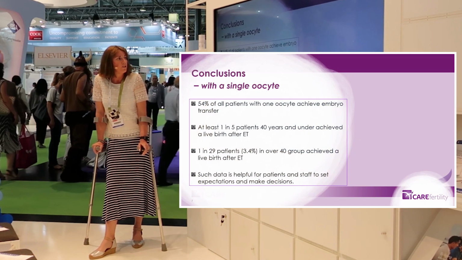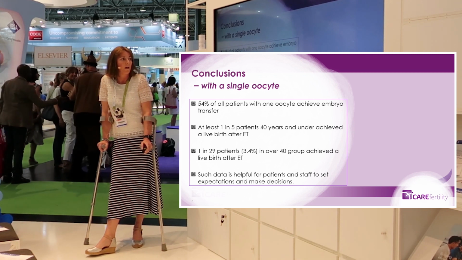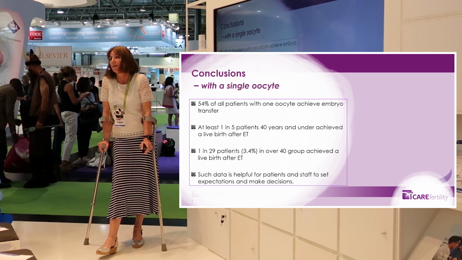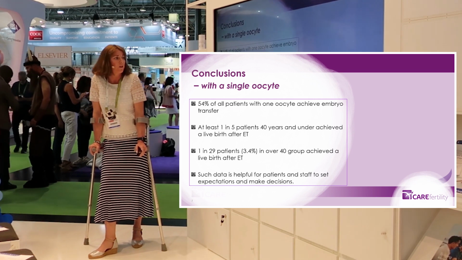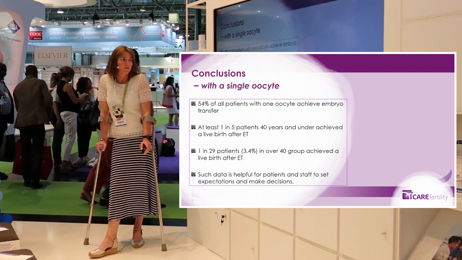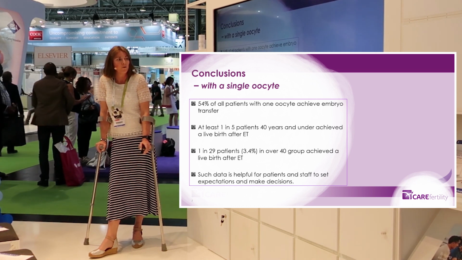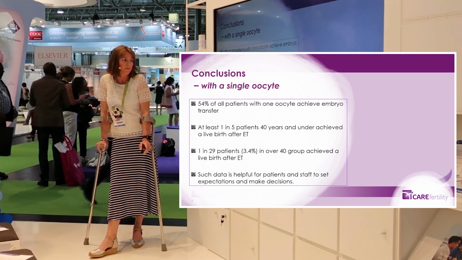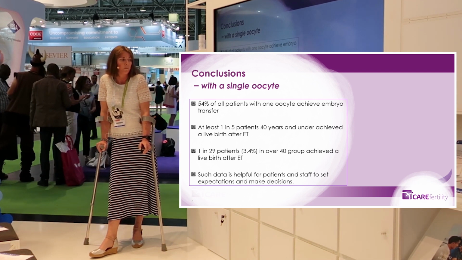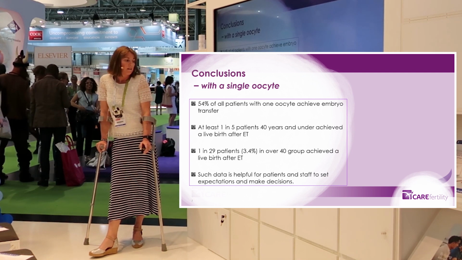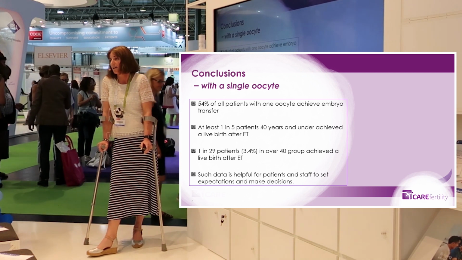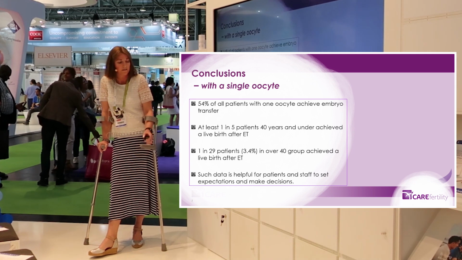The conclusions were also for the embryo transfers: 54% of all patients with a single oocyte collected did achieve an embryo transfer, and at least 1 in 5 of those patients 40 years and under achieved a live birth, and 1 in 29 patients in the over 40 group achieved a live birth. So this data is really helpful to us to set realistic expectations for these patients.